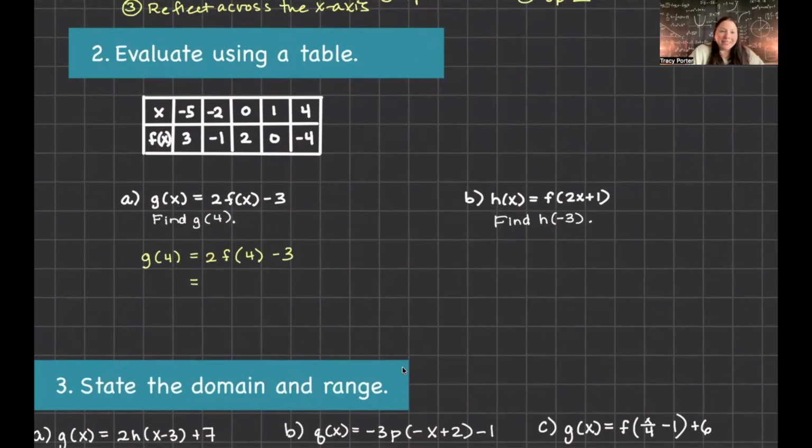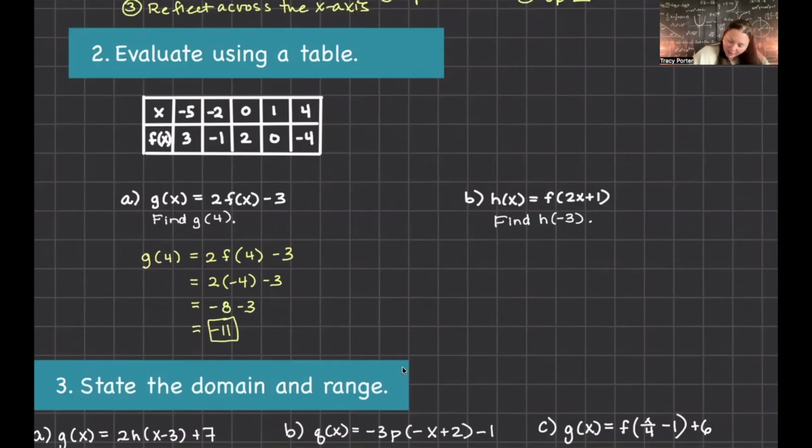So here we can just get this value out of the table. So you can see that f of 4 is going to be -4. And then this is just cleaning that up, and we get minus 11. Okay, so just following the order of operations.